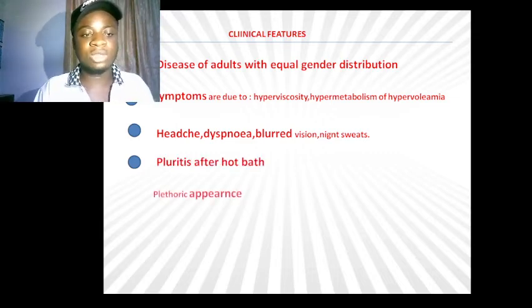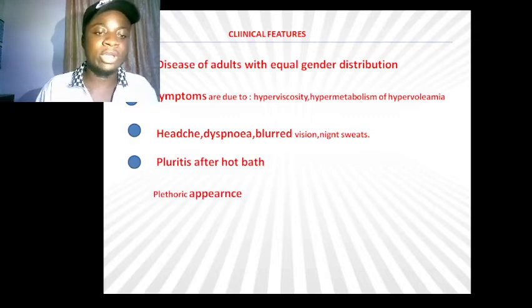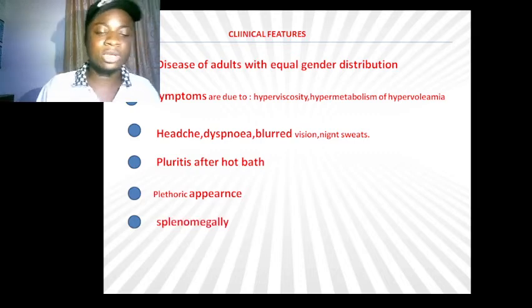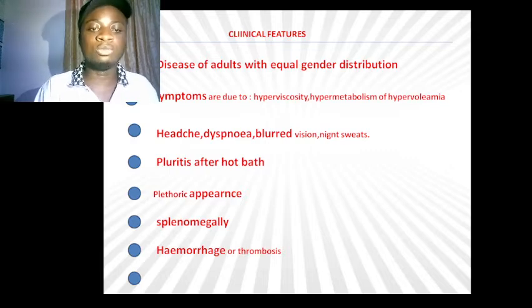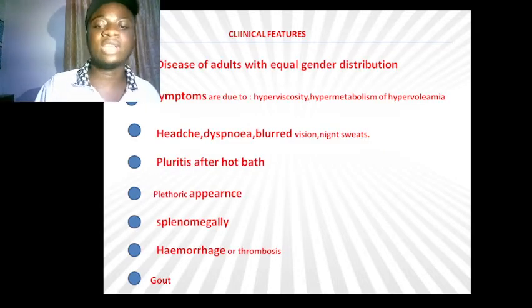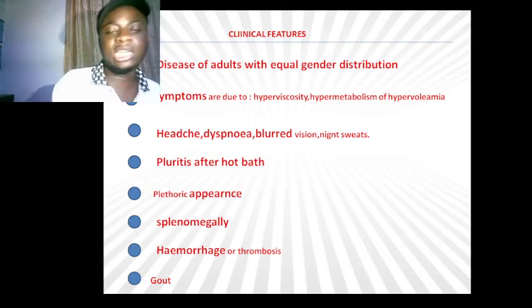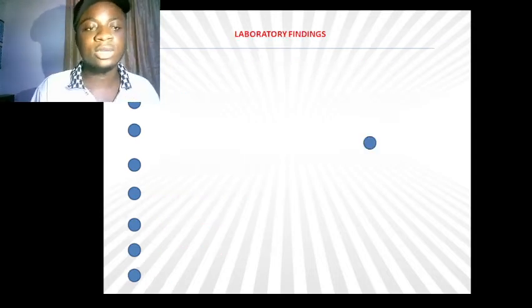Sometimes there is pruritus after a hot bath, a plethoric appearance, splenomegaly, which is enlargement of the spleen because of tissue infiltration, hemorrhage or thrombosis, and gout. The gout is a result of the hypermetabolism, so definitely there will be uric acid in the serum of such patients.